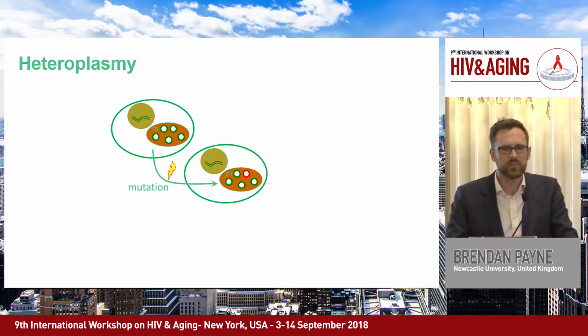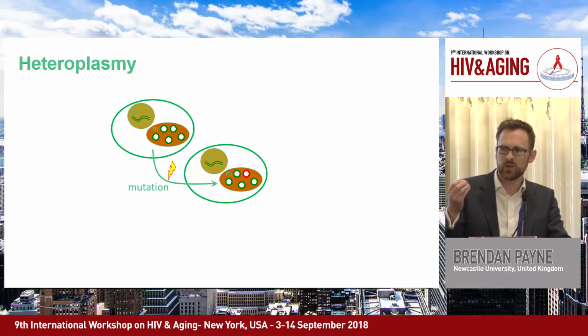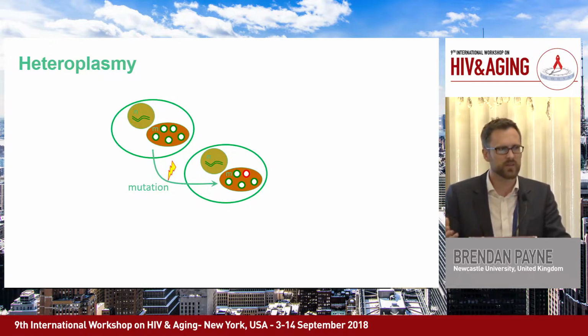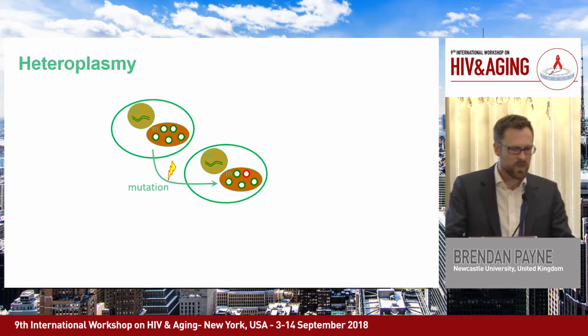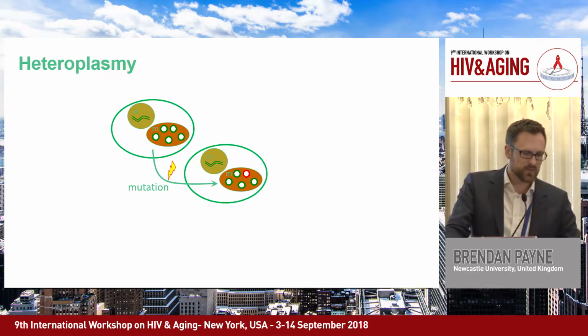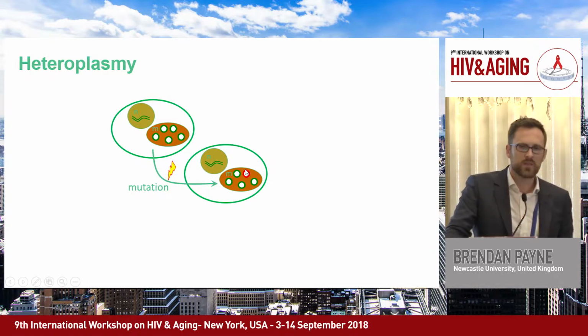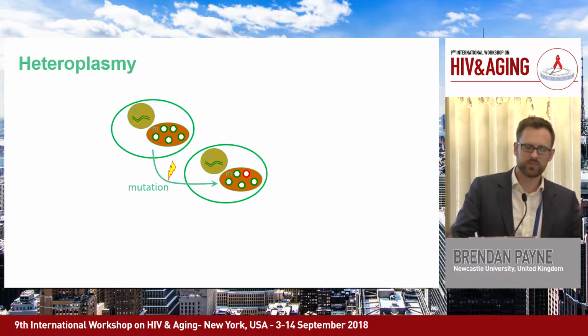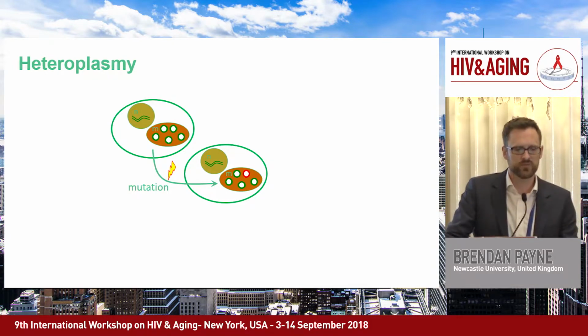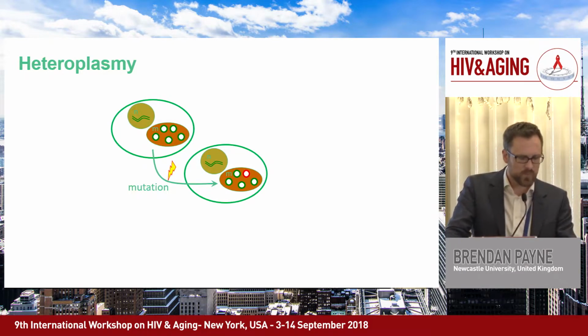And then the final thing to bear in mind is that cells contain multiple copies of mitochondria, multiple copies of this mitochondrial DNA, and that can range from a few hundred to many tens of thousands of copies per cell. And the implication of that is that if you have a mutation in your mitochondrial DNA, for example shown here in red, that's going to exist in a mixed state with the wild type, and we call this mixture of mutant and wild type mitochondrial DNA heteroplasmy.